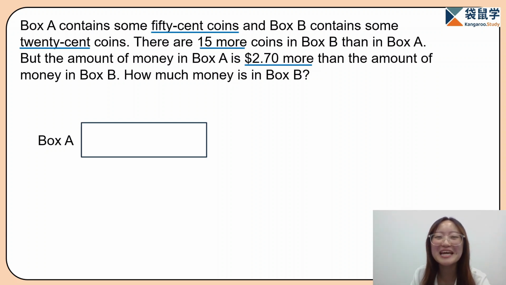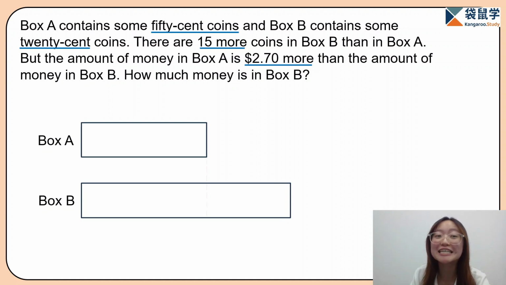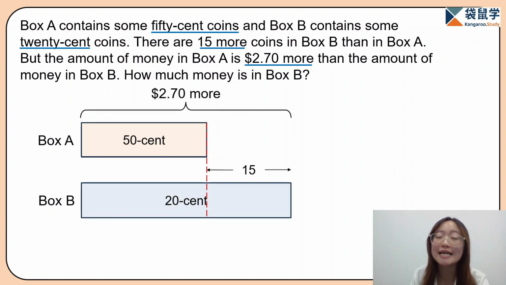It will be longer. And what is the difference in the number of coins? It is 15. Now what kind of coins are in box A? 50-cent coins. What about B? 20 cents. Now, the amount of money in box A is $2.70 more than the amount in box B.